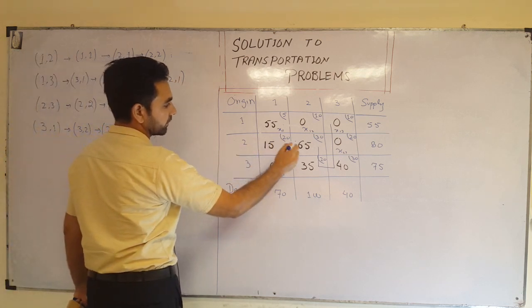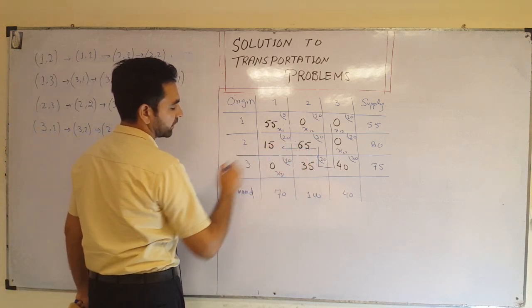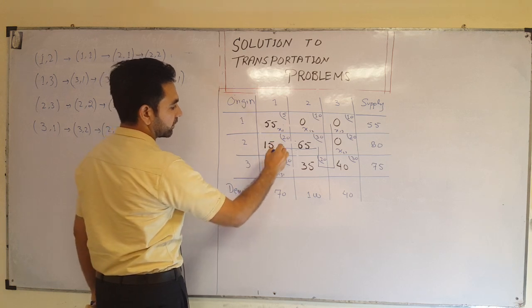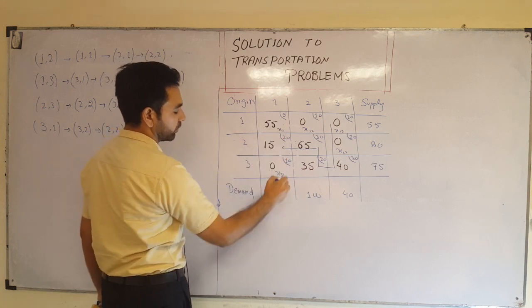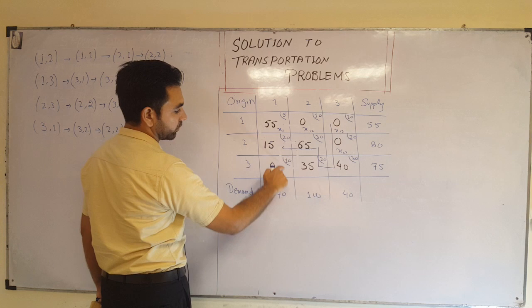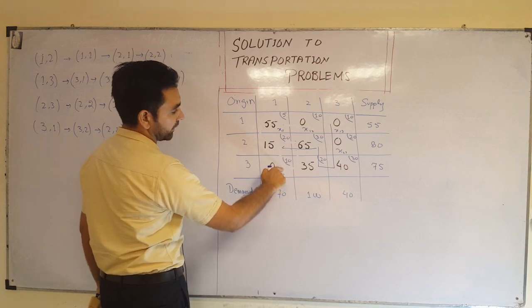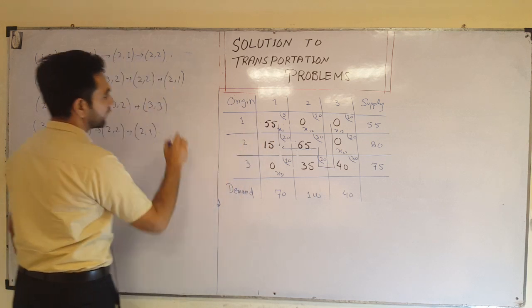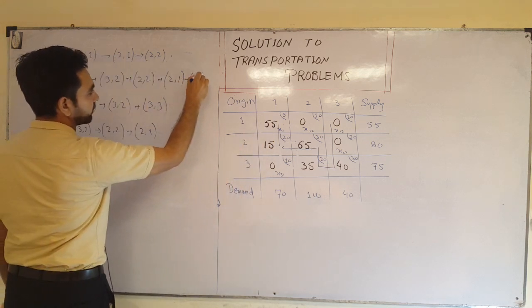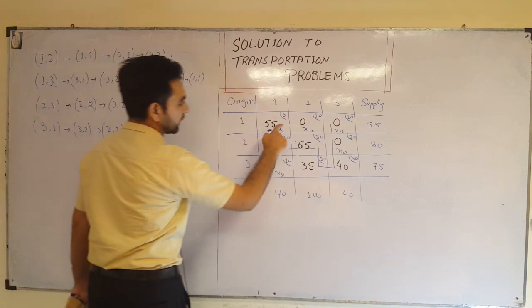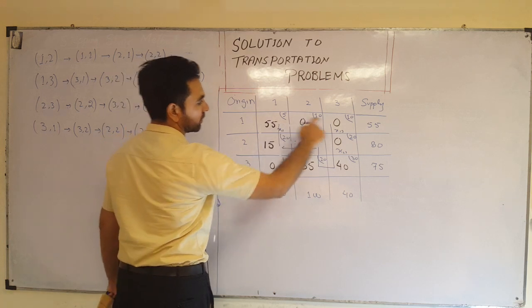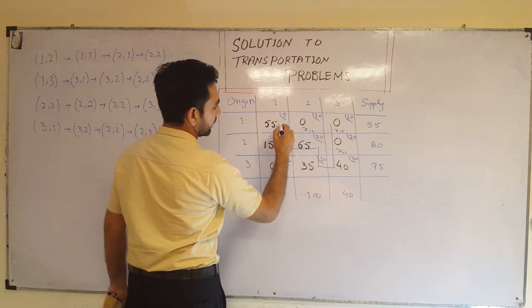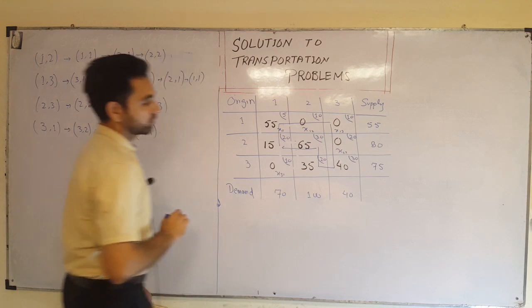Now from here I can only go either up or down. If I go down, there is 0. We're not allowed to add another 0, so we can go up. This is the cell which is 1 1. And now from this cell you can skip this one and jump back to the cell.